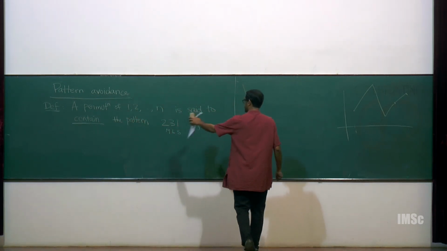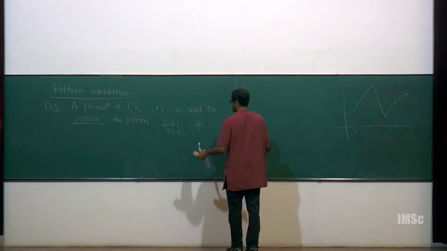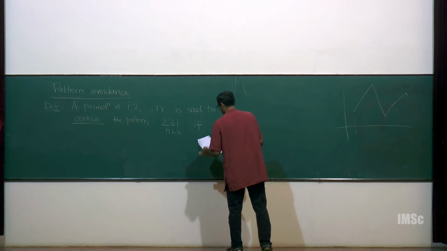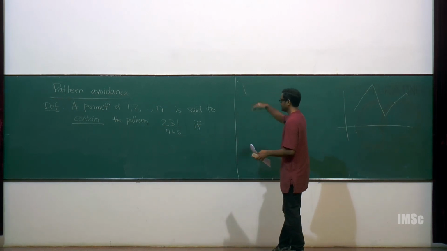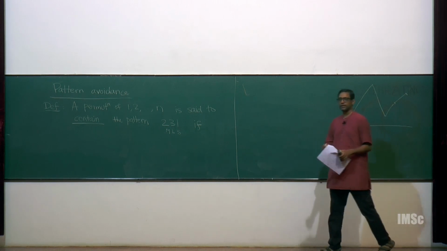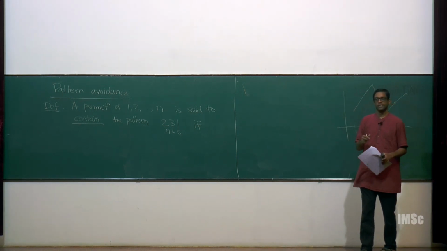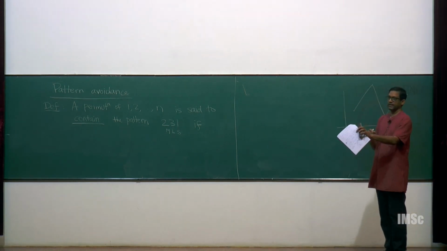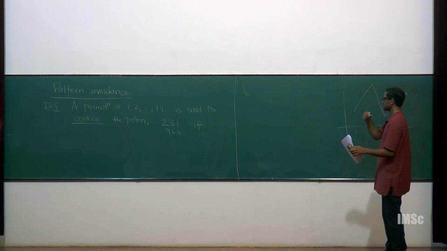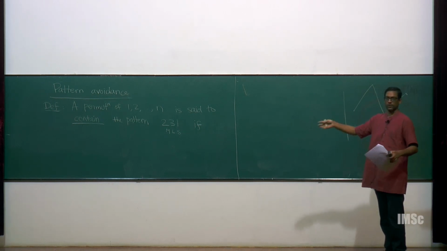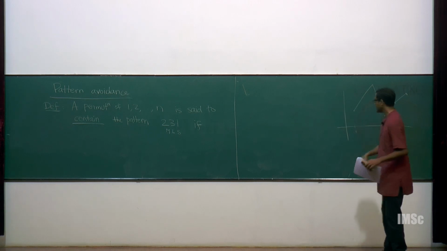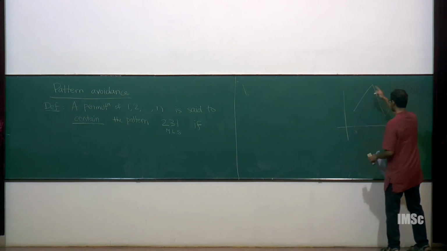Now what this says is that when I write out my permutation, then I should be able to find some three numbers which occur in that same relative order. That is, I find the medium guy coming first, then the large fellow occurs, and then the small fellow occurs. Okay, some three out of the n numbers. So let's see this picture which I drew.